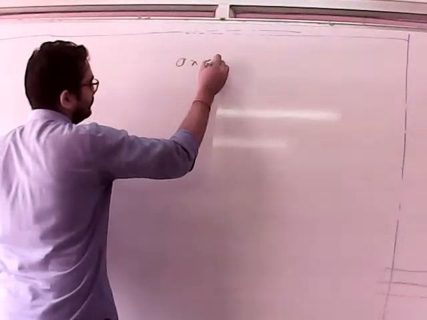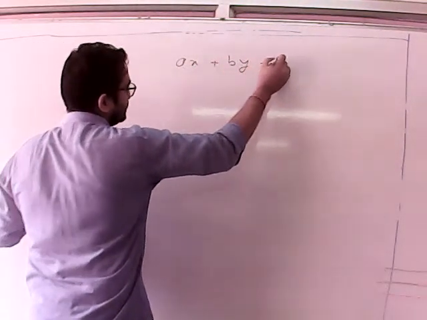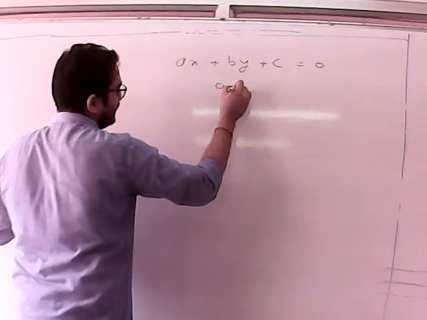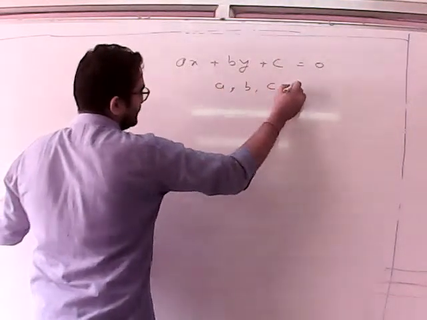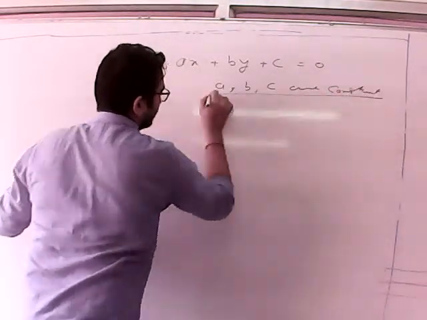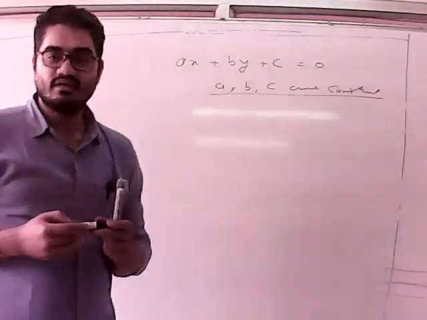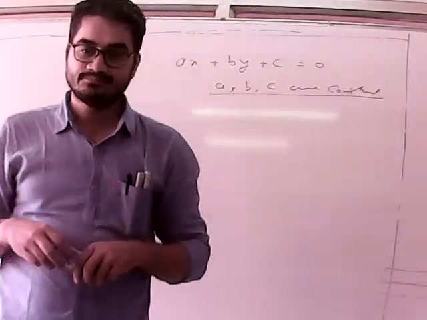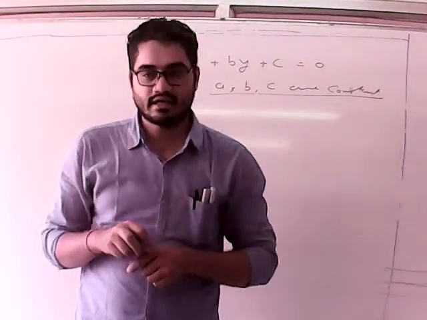That is ax plus by plus c is equal to 0, where a, b, c are constants. Now, that is the standard form of the linear equation.